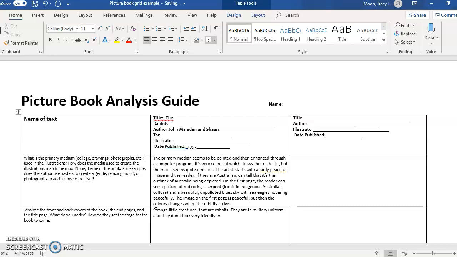At first, it's hard to tell what they are, but the author gives the reader some hints with the long ears.